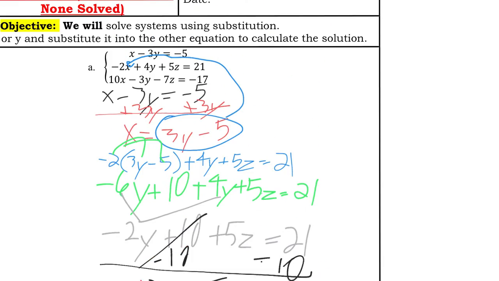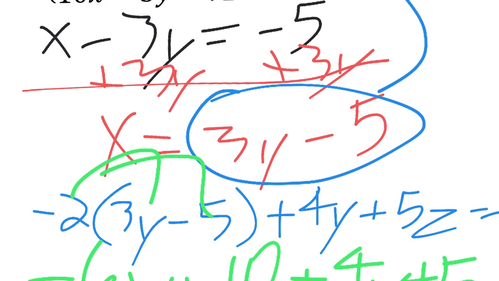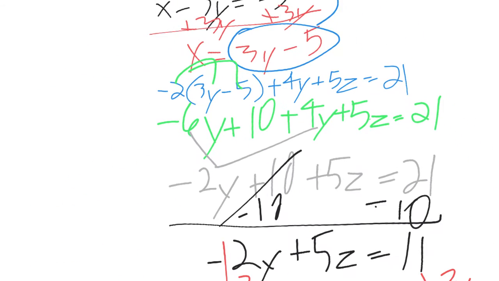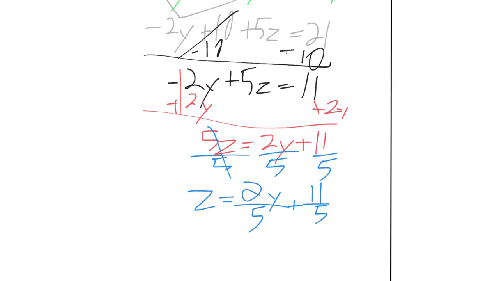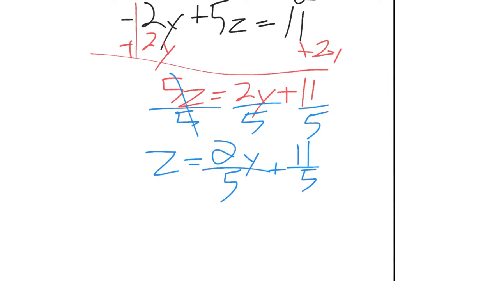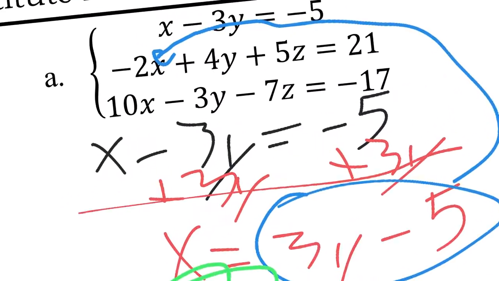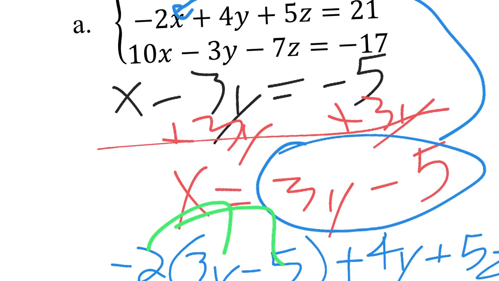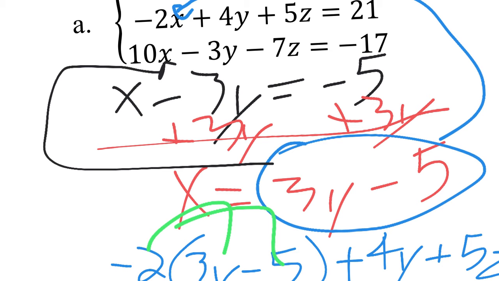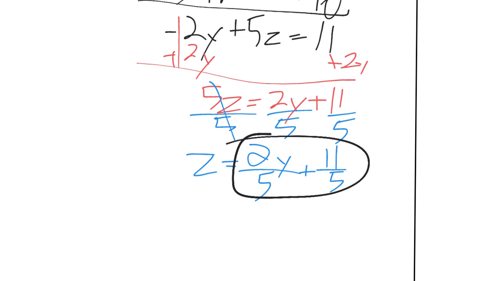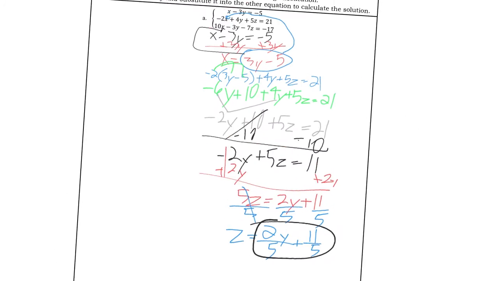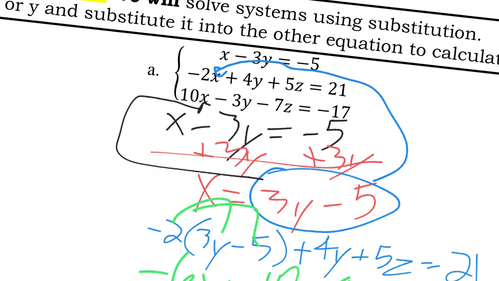And so you see the x equals equation and the z equals equation both have something in common. They both equal something with the y in it. So that's important because when you take this and plug it into the third equation, now we go all the way back up to this third equation, we're going to plug in the 3y minus 5 for x, and then we're going to plug in the 2 over 5y plus 11 over 5 for z right there.